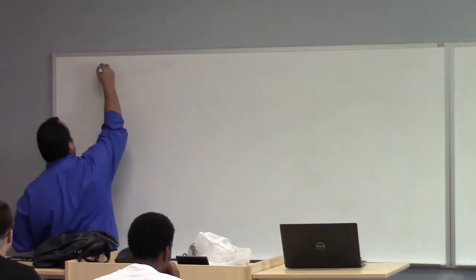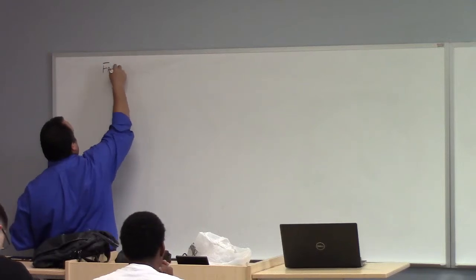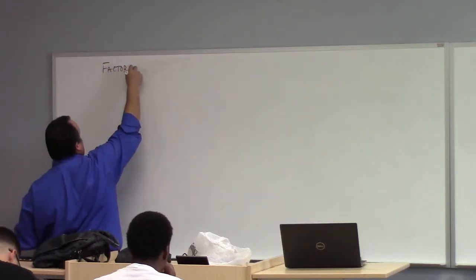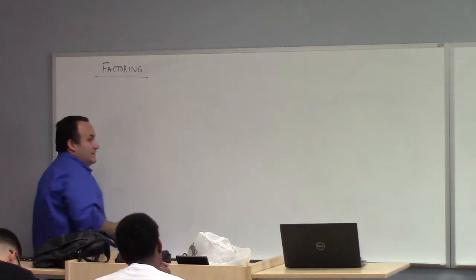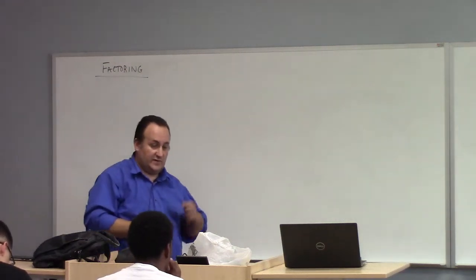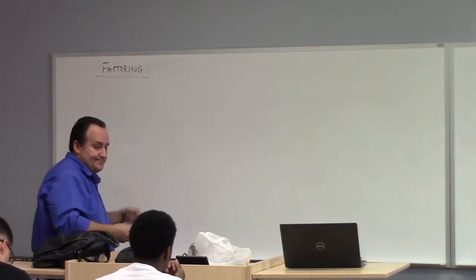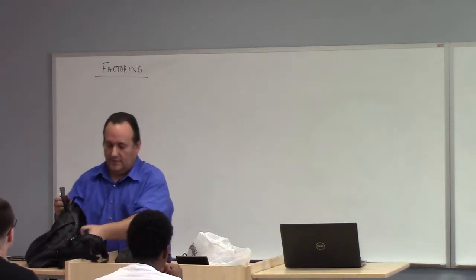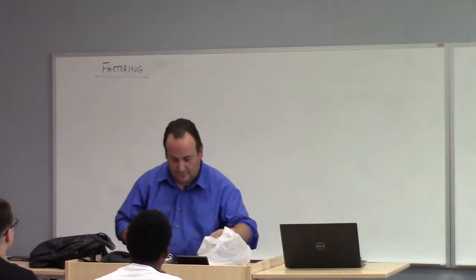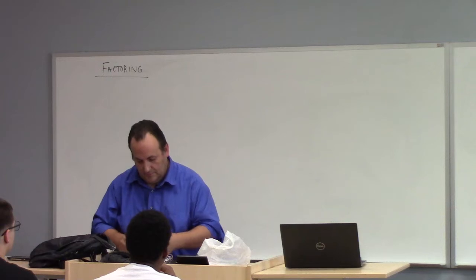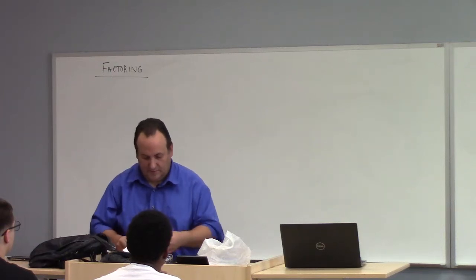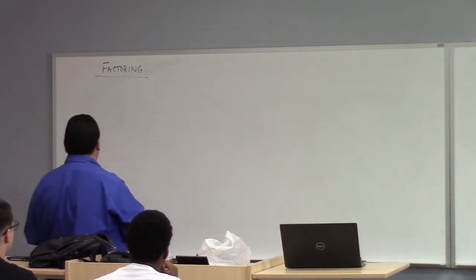We'll talk a little bit more about factoring. I'll try to be brief here. I just wanted to share another notation for factoring, which was shared with me by another faculty member who's not currently teaching algebra, but he loves algebra.